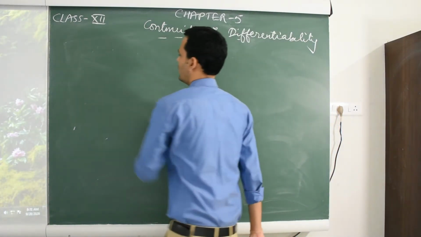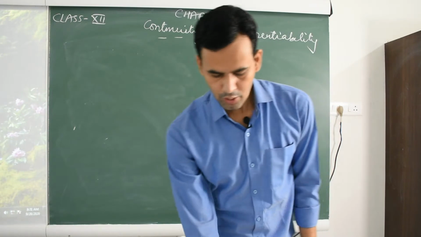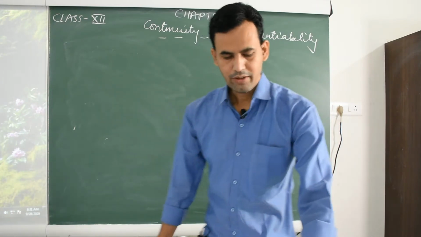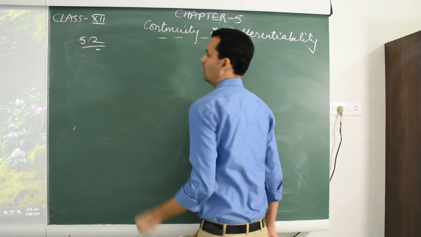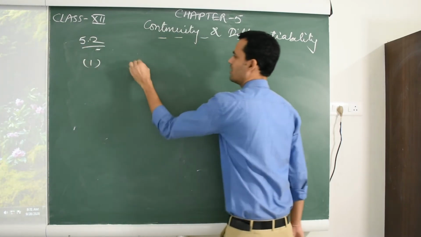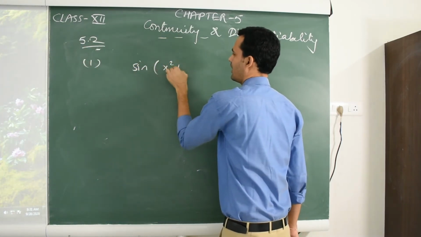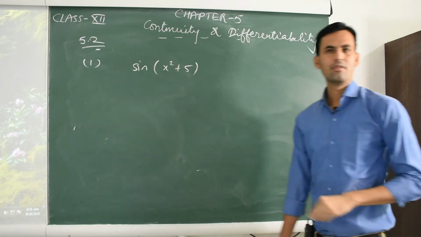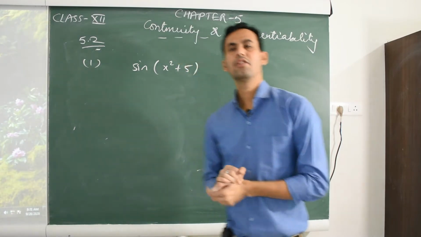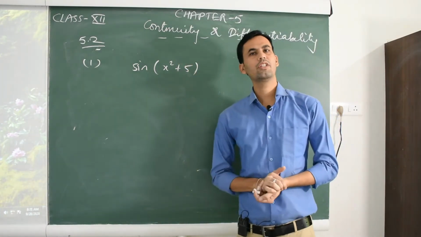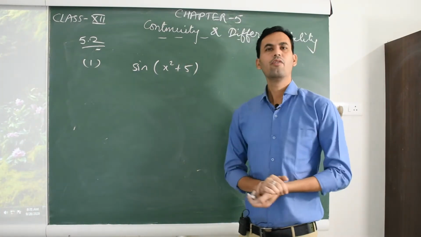So let's move towards exercise 5.2, question number 1. The question is sin(x square plus 5). We have to differentiate this function with respect to x. Here the variable is x.